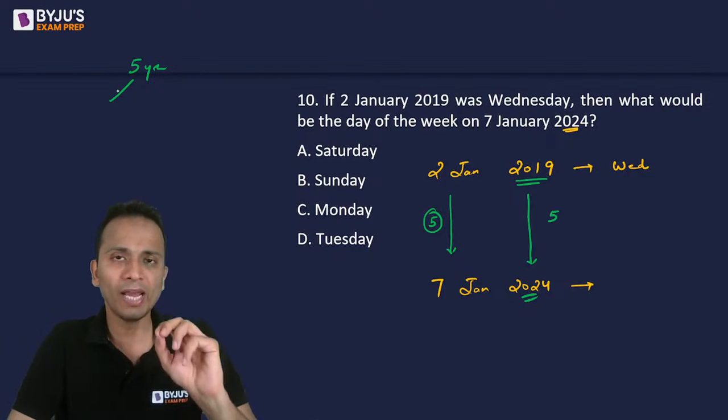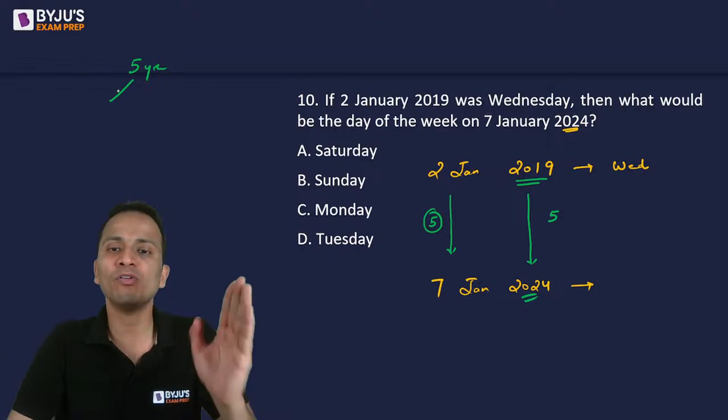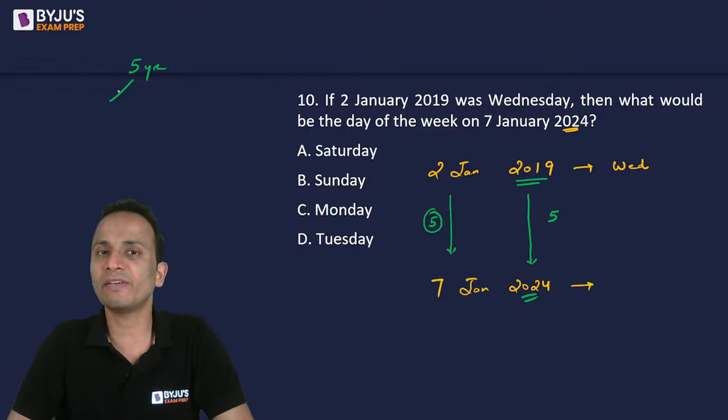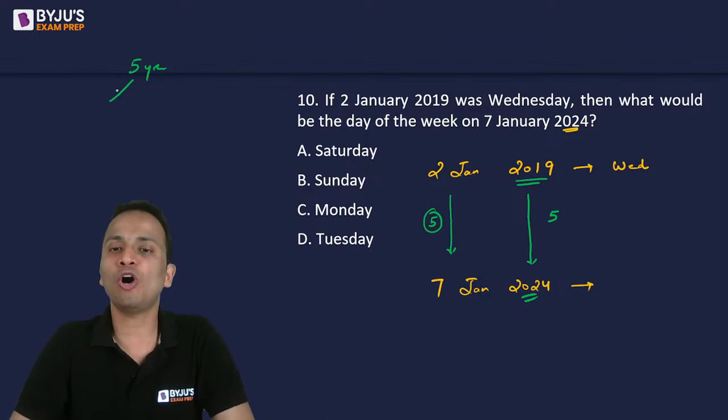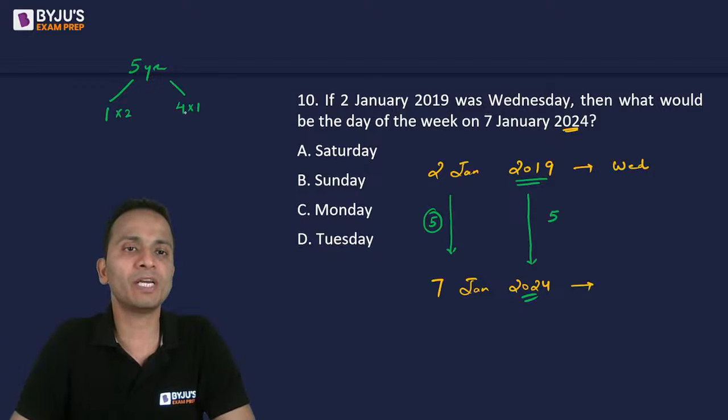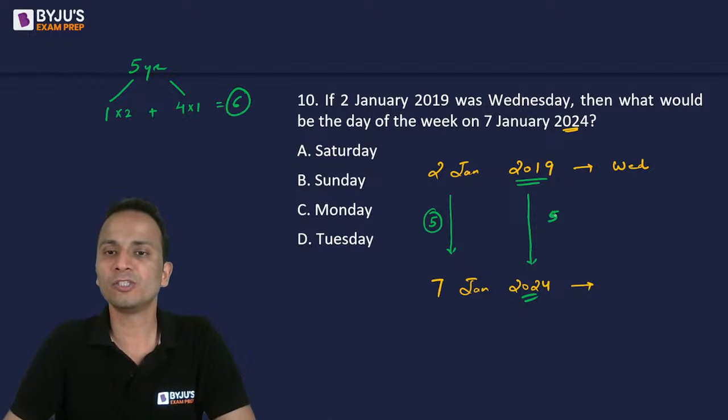No. Why? Because in 2024, we have stopped at 7 January. We are not passing through the 29th of February of 2024. So only one leap year will be considered and 4 normal years, and the total number of odd days will be 6. So the number of odd days in the second case will be 6.